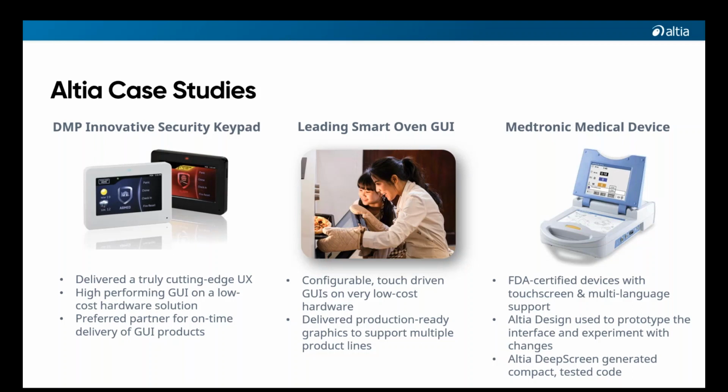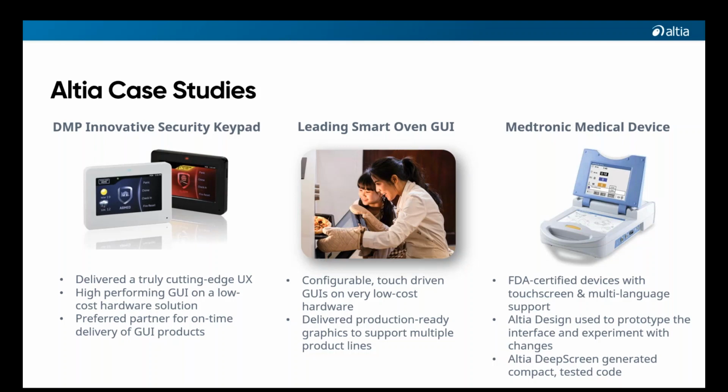Altia leveraged a 4-bit graphics pipeline that no other graphics vendor even would consider. Altia already had a specialized solution ready to go, and we brought a delayed product back to life. We were able to deliver on time, and these ovens have been in production with many variants over the last several years.